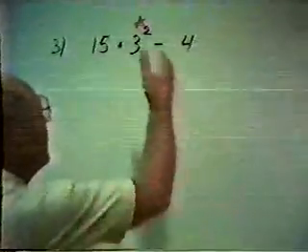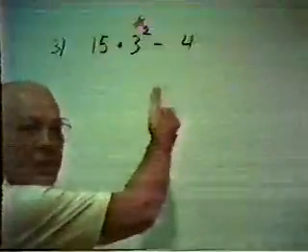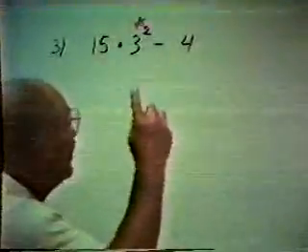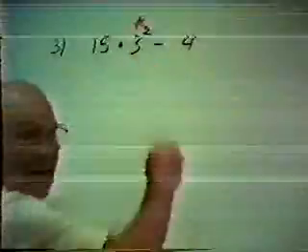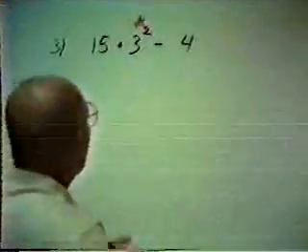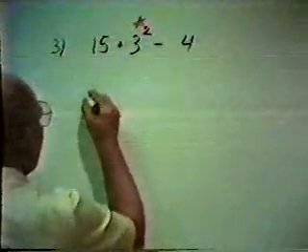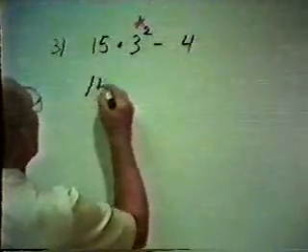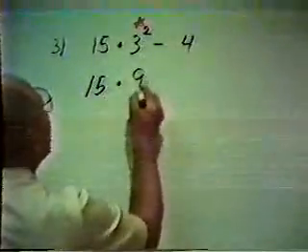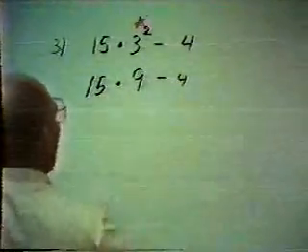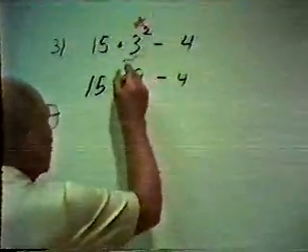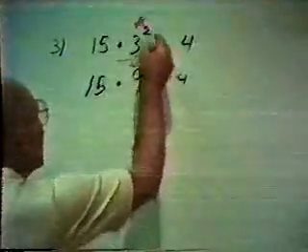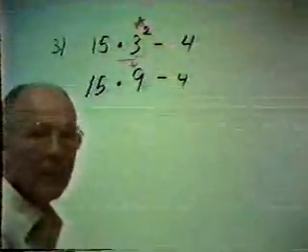Now remember, you must do the powers and radicals first. So the first thing that's going to happen in here is I read this, and right here it's going to do the operation. So at this point, the next step, I have 15 times, I get a value 9 minus 4. So as this is done, now remember, it's going to give you this value first. It has a power involved.